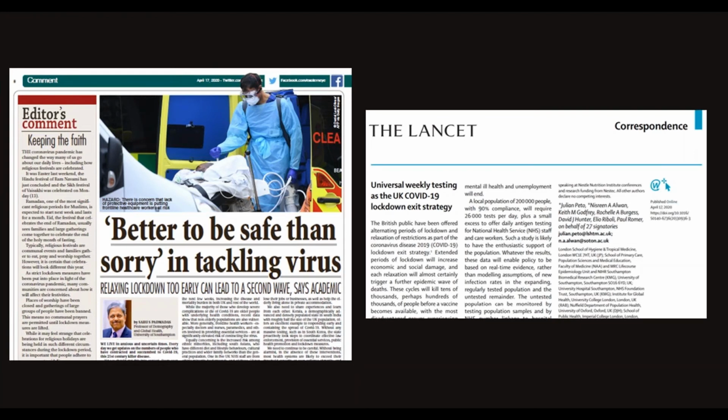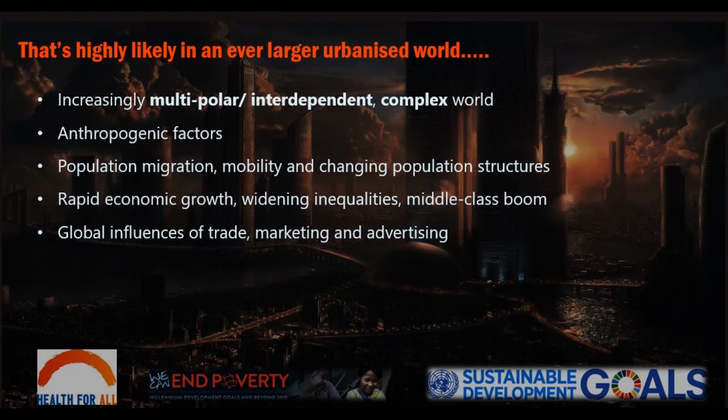So the only way that we can move forward is, as this correspondence in the Lancet mentions, universal weekly testing. One of the challenges that we have is that we live in a very uncertain, interdependent world.